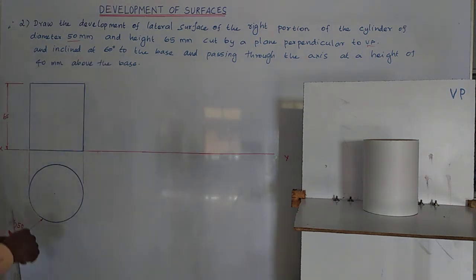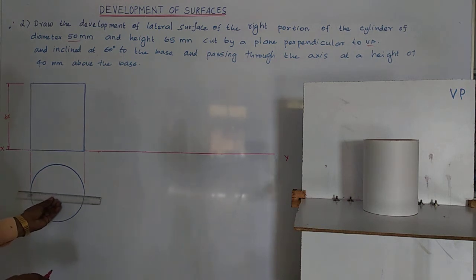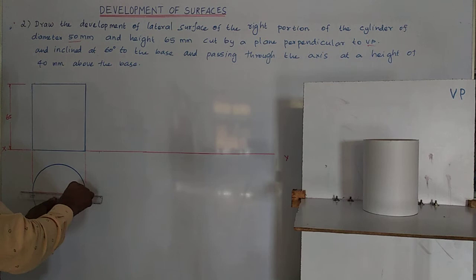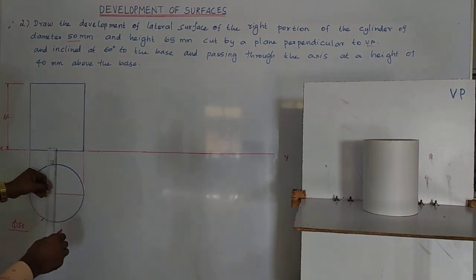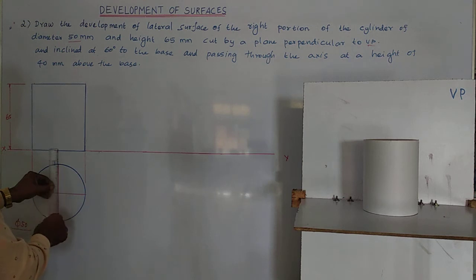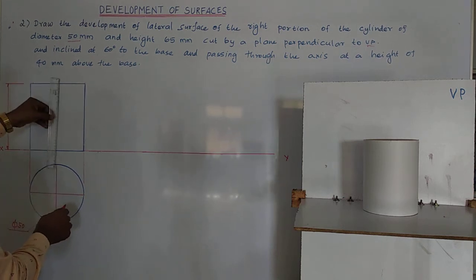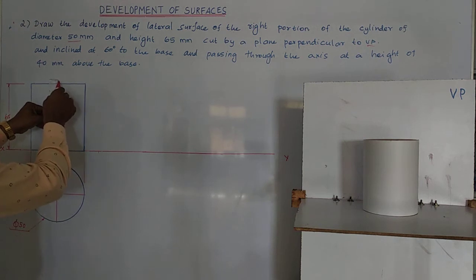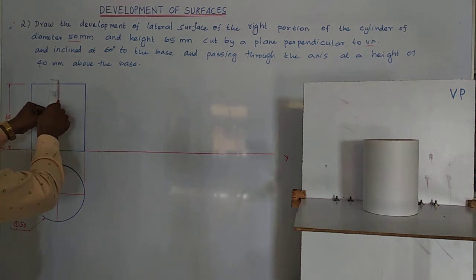For that I have to draw one horizontal line through the center, and one vertical line through the center. I can project this vertical line towards the front view so that it will give our axis.